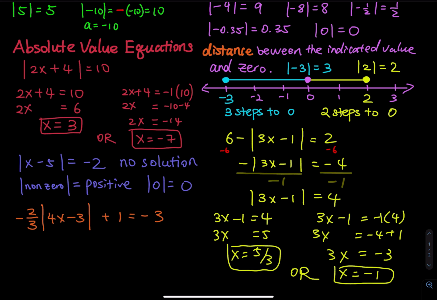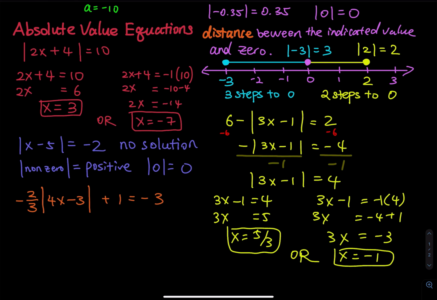Let's clean up the positive 1 and the negative 2/3 before we break this down into two equations. First of all, you subtract 1 on both sides. Negative 3 minus 1 is negative 4. You have negative 2 over 3, absolute value of 4x minus 3.